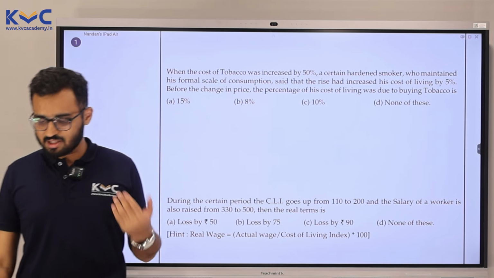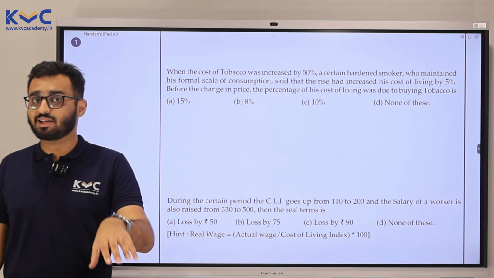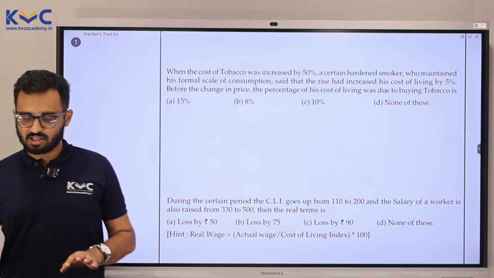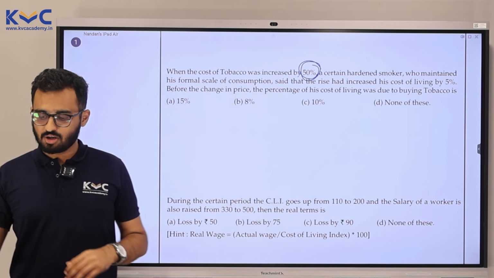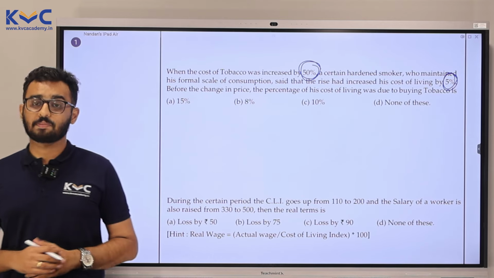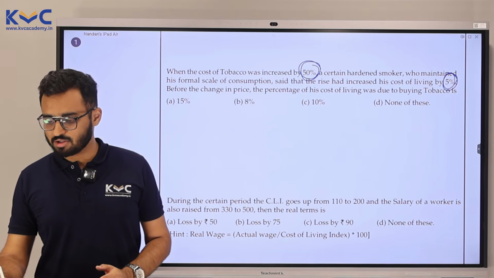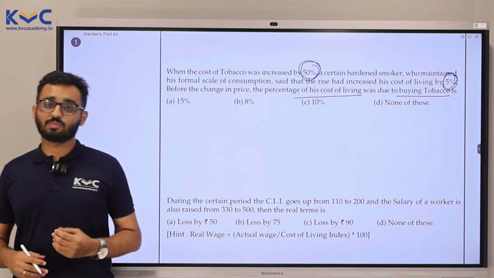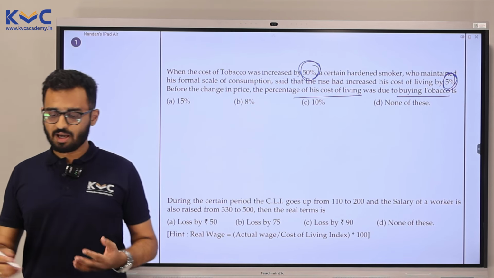Before the change in price, the percentage of his cost of living due to buying tobacco is how much? Now, what they're asking is when tobacco's price went up by 50%, his cost of living went up by 5%. So, what was the percentage of his cost of living to his buying tobacco? So, how much percentage of his cost of living is related to tobacco?